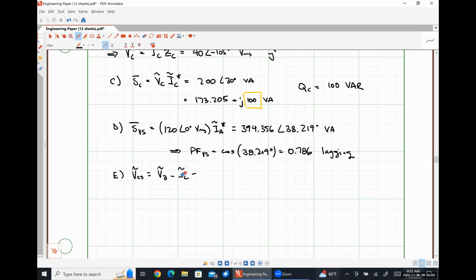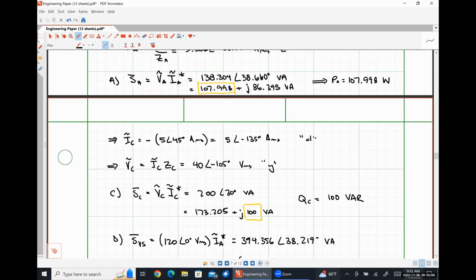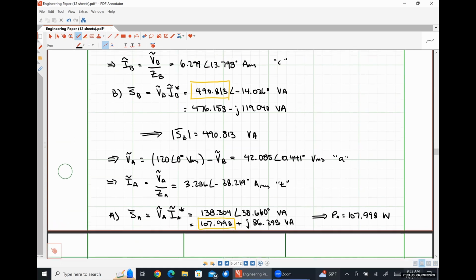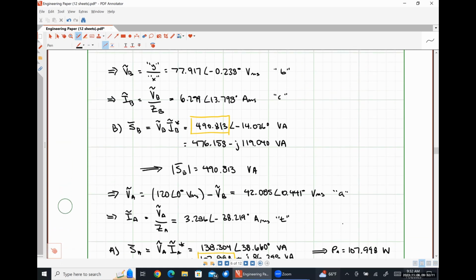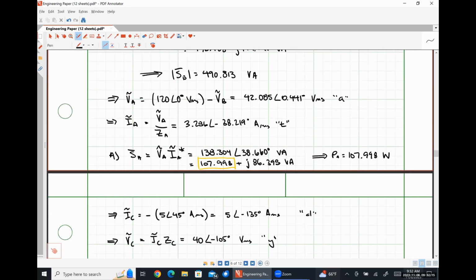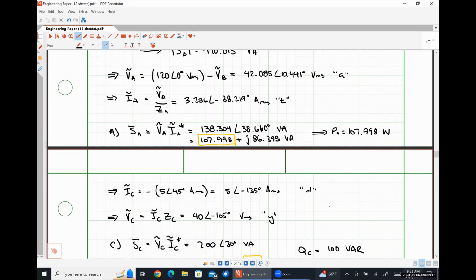Sorry, I put I. That should definitely be a V there. All right, so let's see. VB is in my calculator as B, if I'm not mistaken. VC is in my calculator as Y.